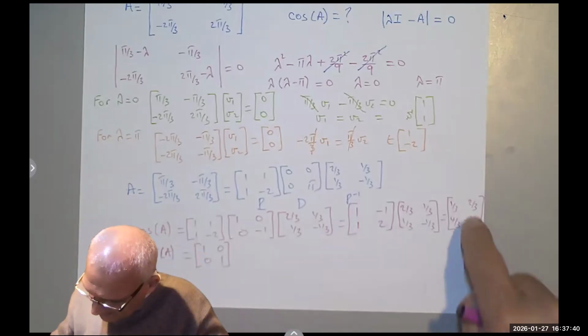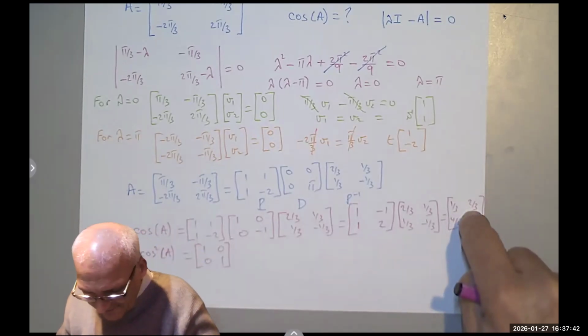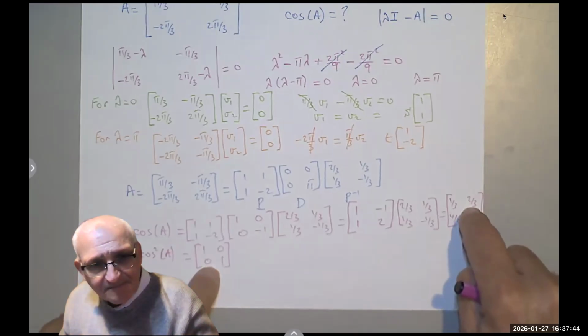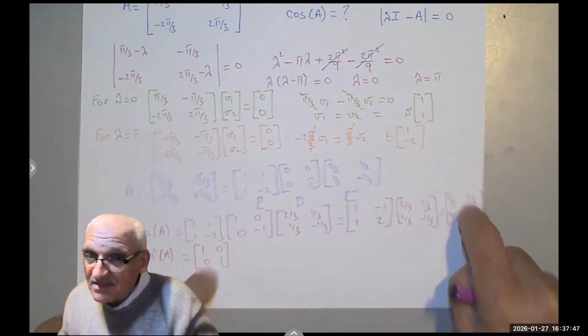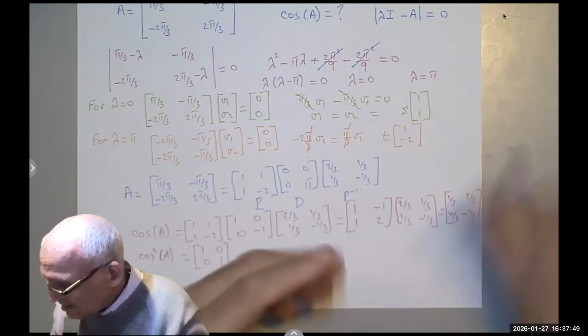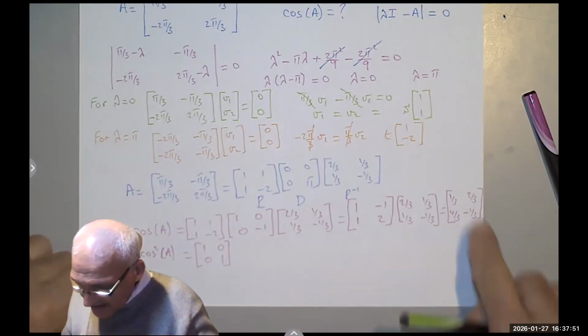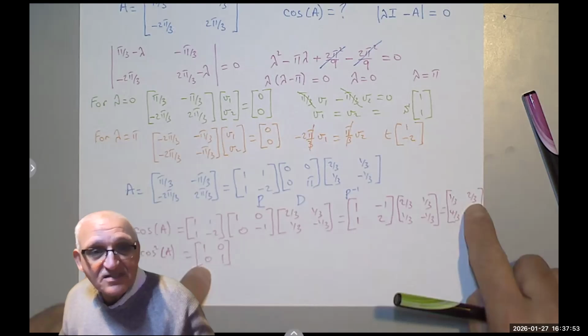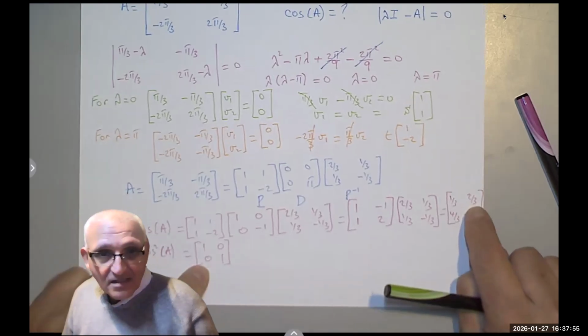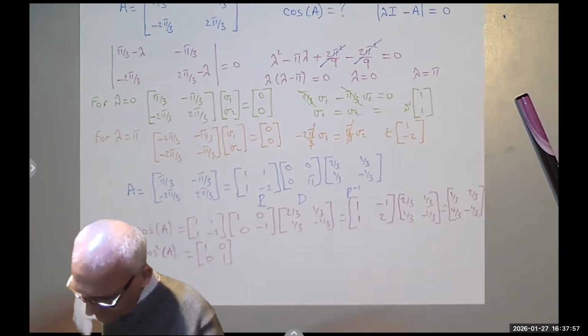But wait a second. Are you telling me if I multiply this matrix by itself, I get the identity matrix? You should, unless I did something wrong in the math. Because this is cosine A, and we claim that this is cosine square of A. So let's check.